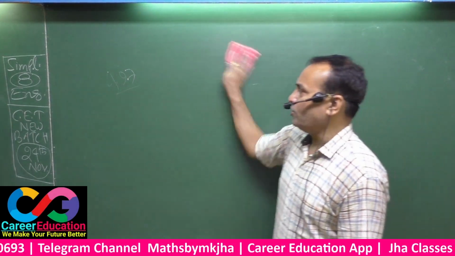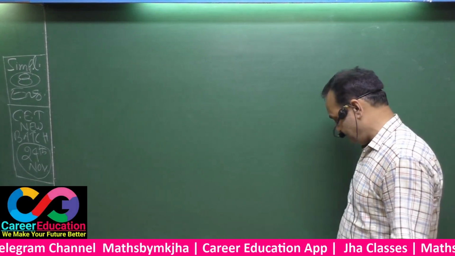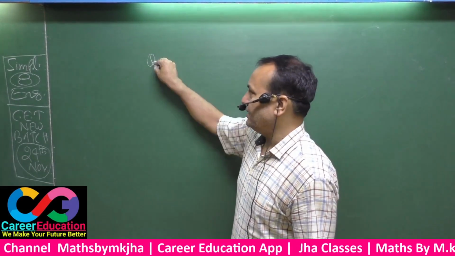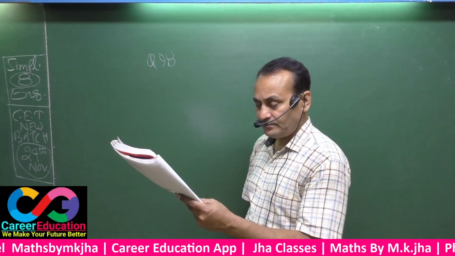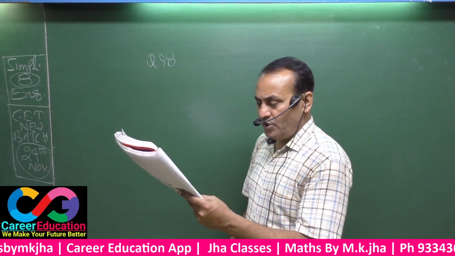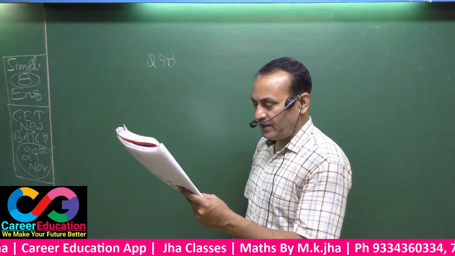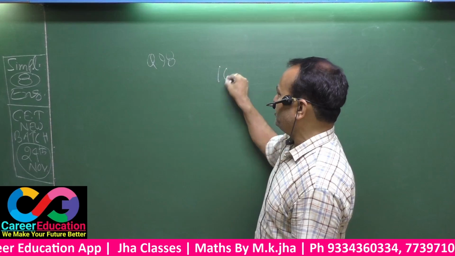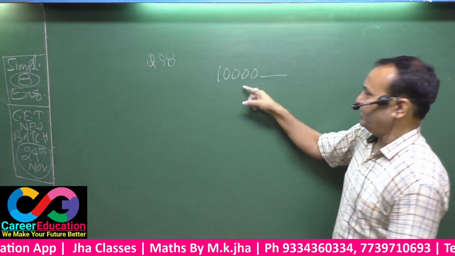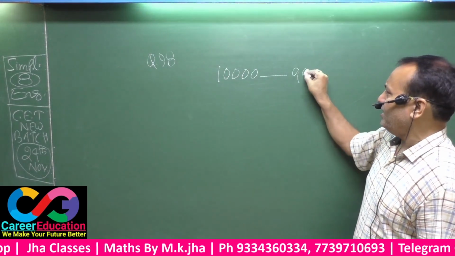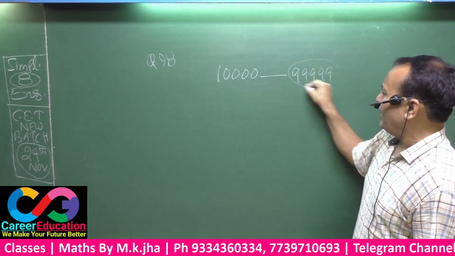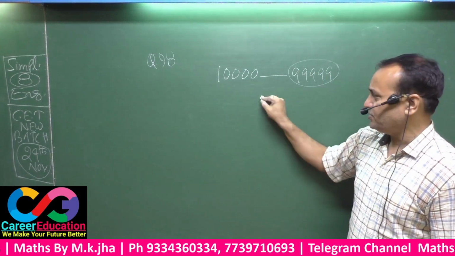Now come to question number 98. Which is the 5-digit greatest perfect square number? See here, this is the smallest 5-digit number. This is the greatest 5-digit number. That means we have to pick up this number.